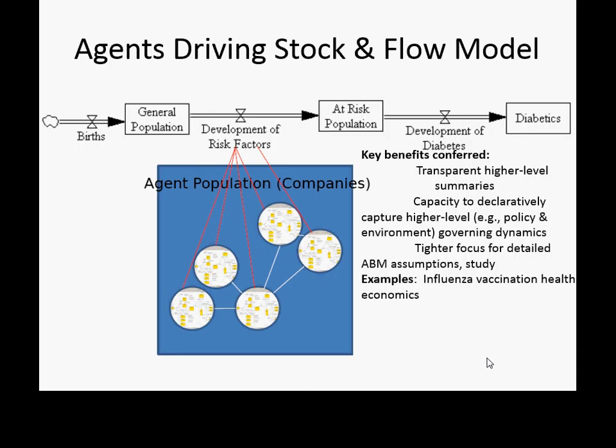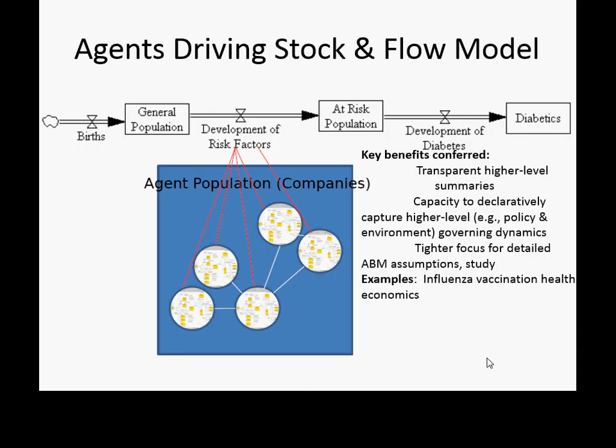So here, perhaps we're characterizing the population dynamics at a very aggregate level, and these actors are influencing their development of health, for example, by promoting tobacco use or promoting certain types of risk behaviors associated with eating.